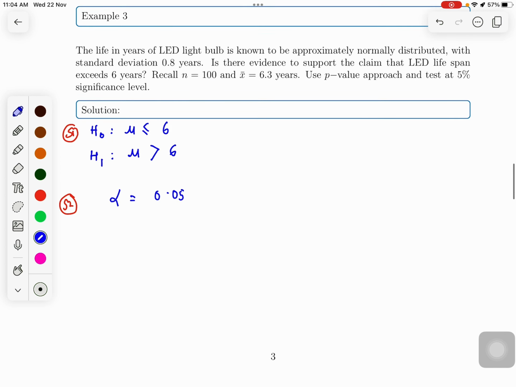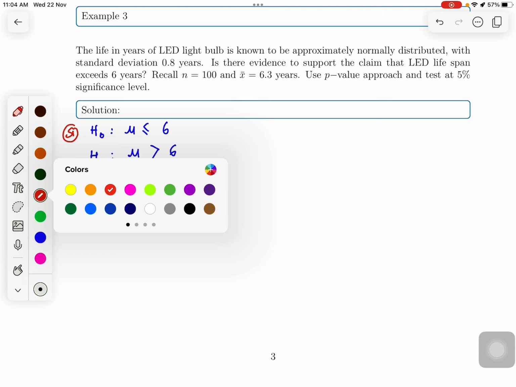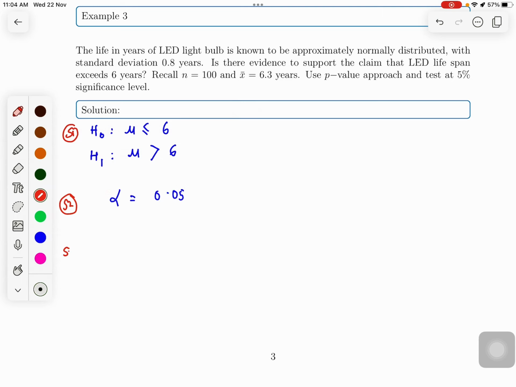Okay, so in the step 3, we need to calculate the test statistic value. Z equal to x bar minus mu over sigma over square root of n, since they give you the information about sigma 0.8.